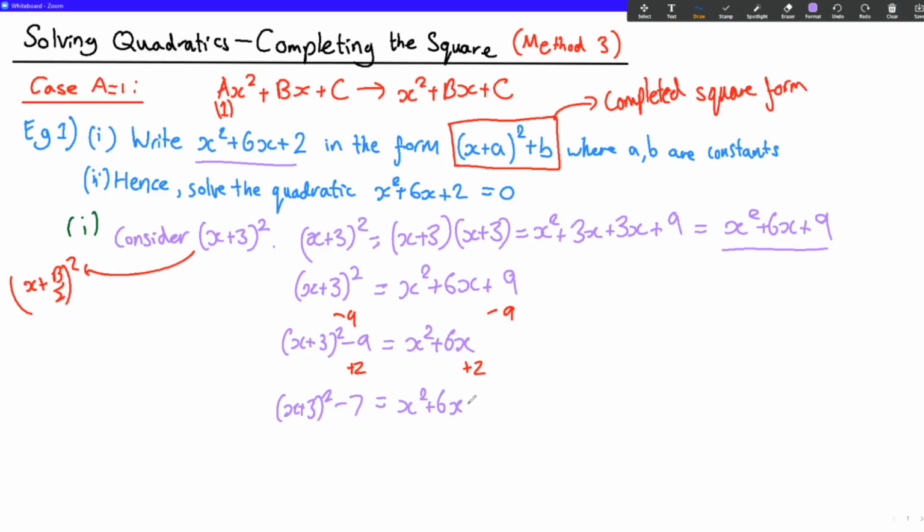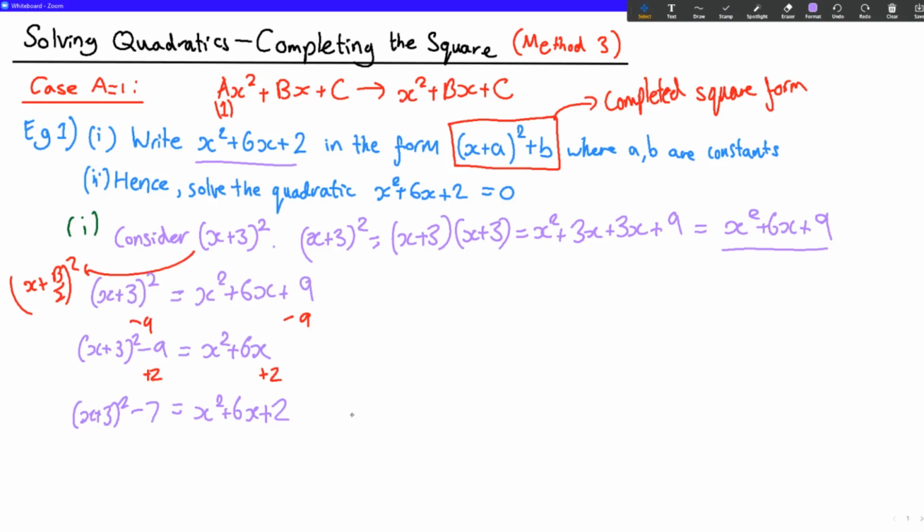And then we have this, right? So now, in fact, let me go back. So now that we've considered that, we can write x squared plus 6x plus 2, which is what we started with, equals x plus 3 squared minus 7.